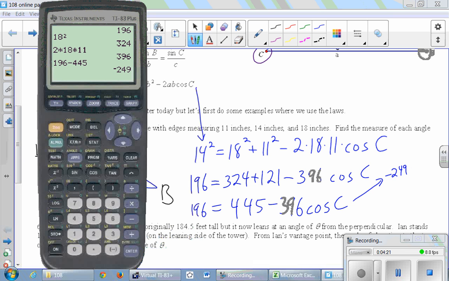And that's equal to negative 396 cosine of C. Divide both sides by negative 396. Cancel the two negatives. And we get that. And then finally take the inverse cosine of that number.